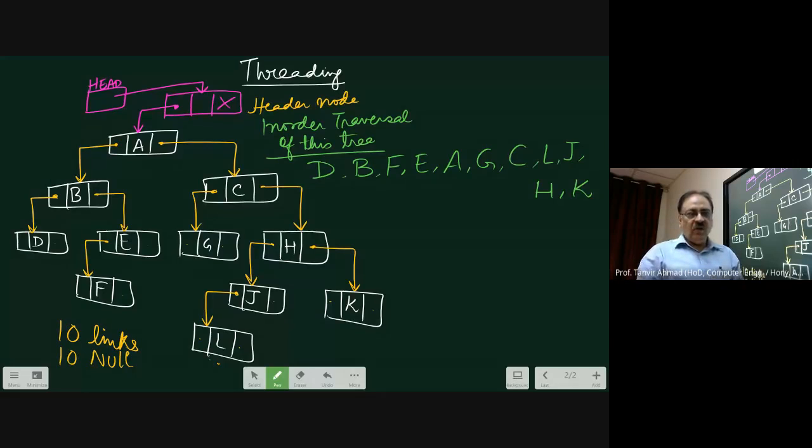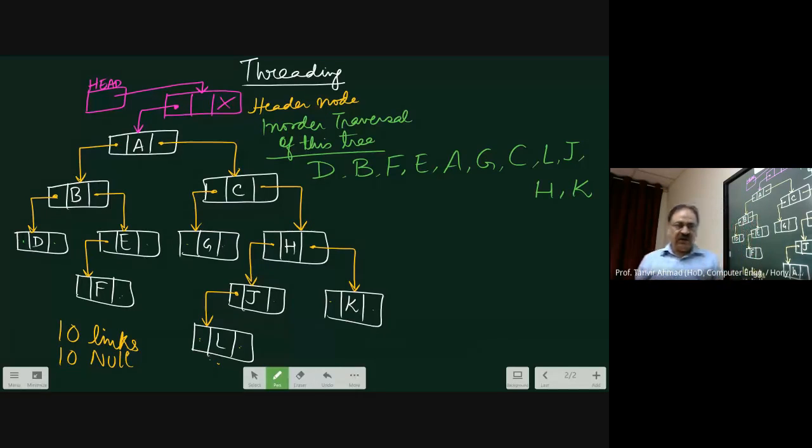Now, what you have to do is that for all those null links which are there, I have to use the back pointer. Now, where are the nulls? You have a null here, you have a null here, you have a null here. All these are nulls. Now, I will perform a one-way threading. A one-way threading is where you only perform threading with one of the links.